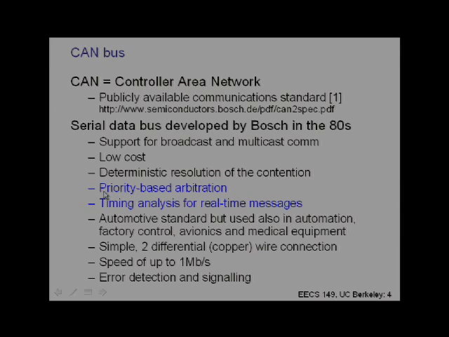Another question is, well, how do people guarantee timing constraints in something like this? So think, for example, that you have a sensor unit that's capturing the brakes that the driver has pressed, and that sensor unit sends a message on the bus. That message has to be picked up by the control unit that deals with braking as well as other functions.